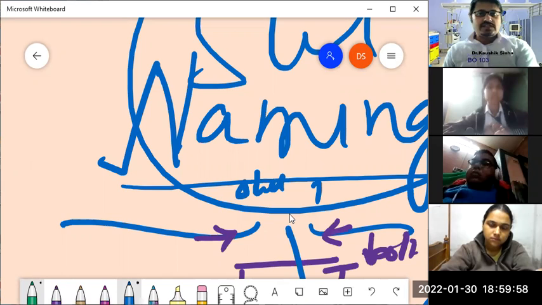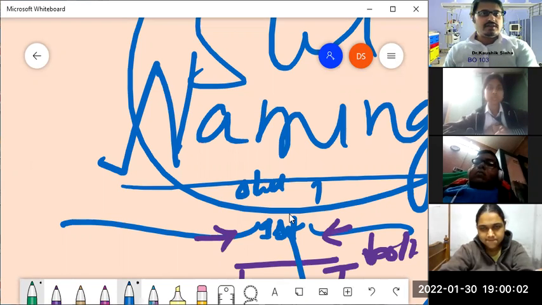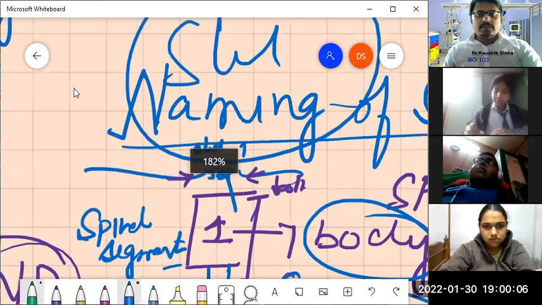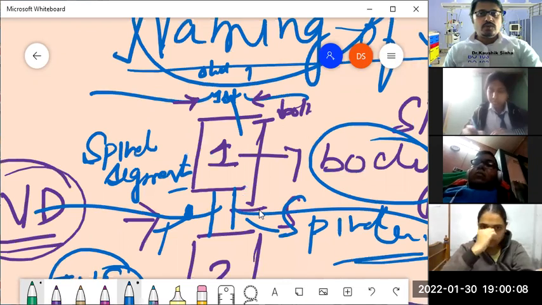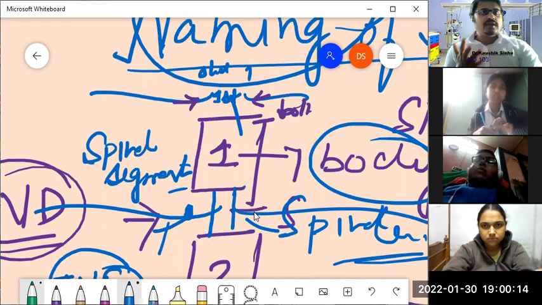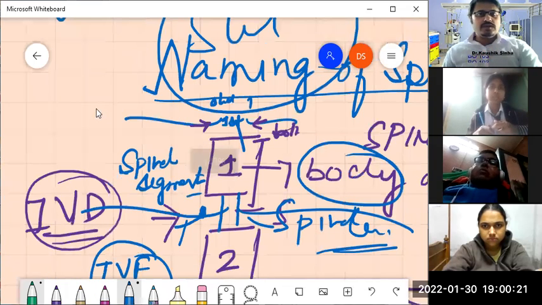Thus, this is to be considered the first spinal segment. For every other opening between two consecutive vertebrae, we go on numbering each spinal segment accordingly. Did you understand how the number becomes 8? So 8 spinal segments means there will be 8 spinal nerves. Clear?